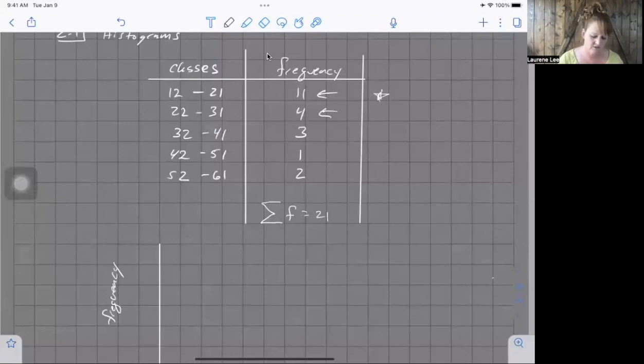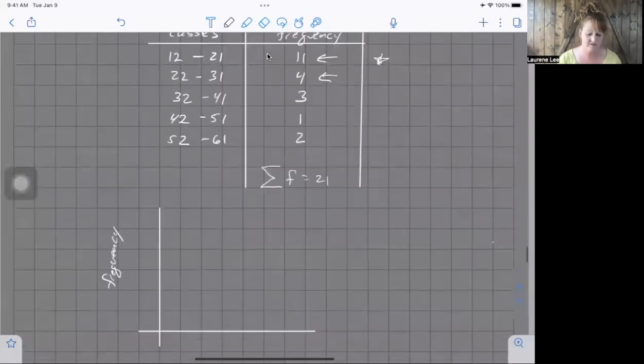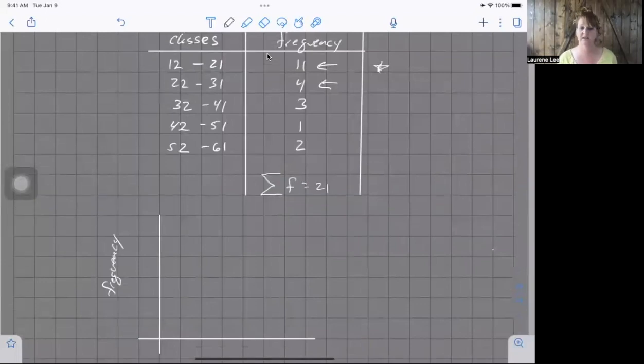Just because of space, because my graph is not 11 bars high, I'm going to label by 2s. So my first marker here is going to be 2, 4, 6, 8, 10, and 12. And then my odd numbers will just be halfway between those, which is great.